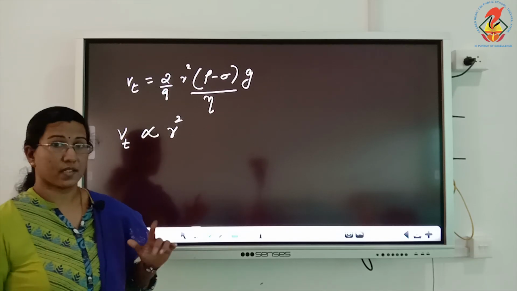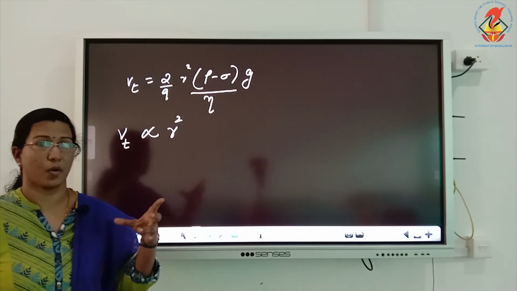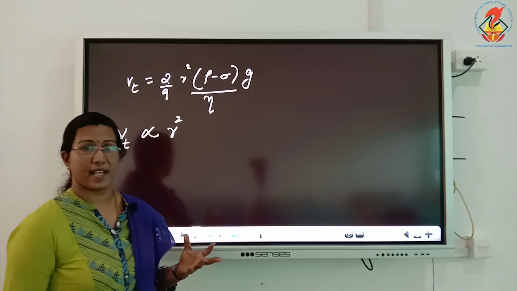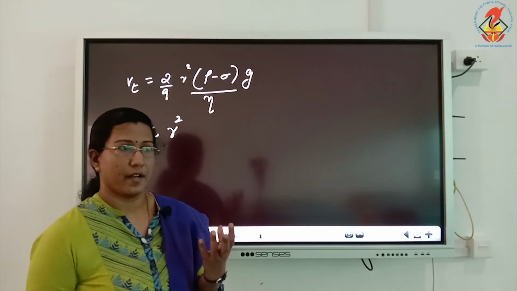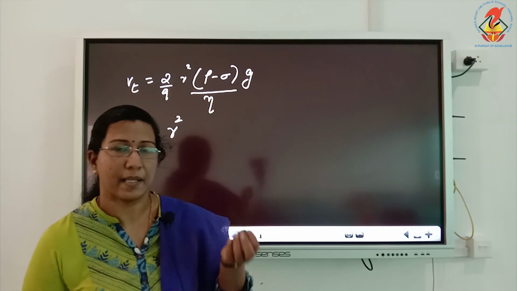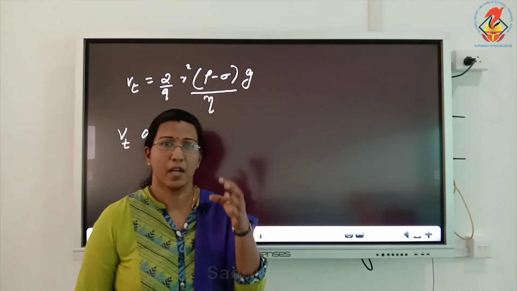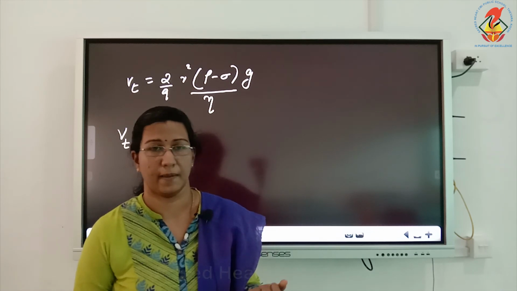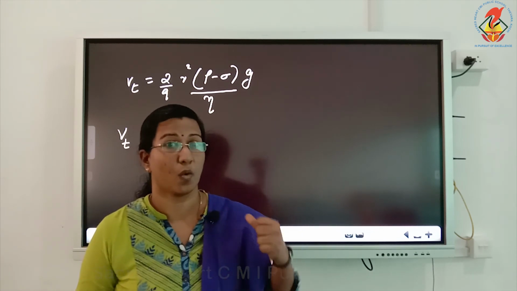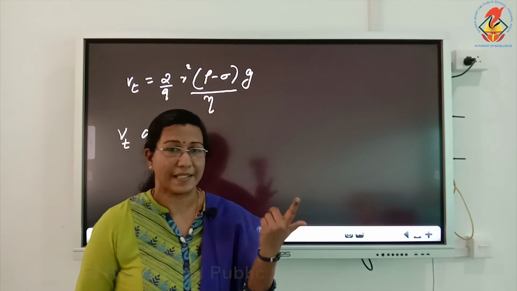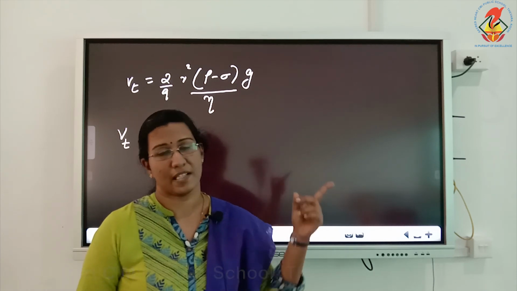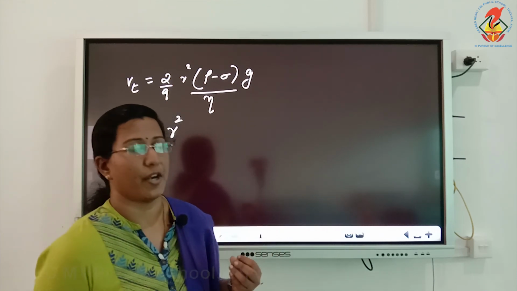That is, terminal velocity will increase if the radius of the body is also increasing. A very simple example is that of raindrops. Now imagine it is raining and initially the size of the raindrops will be very small. As it is coming down, it will be coming with a very small velocity. But as bigger drops are coming down, what happens? The velocity is also increasing. So terminal velocity increases with the radius of the body.